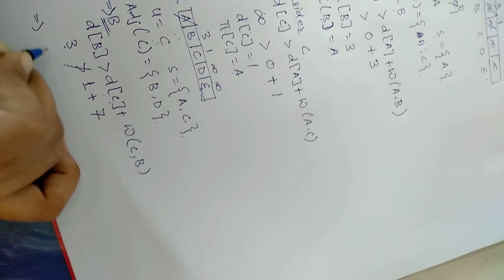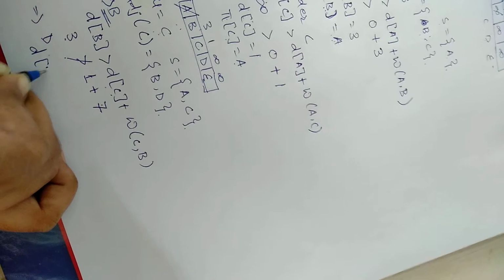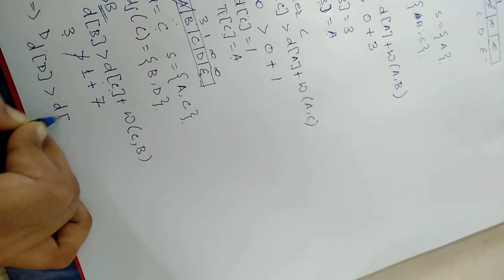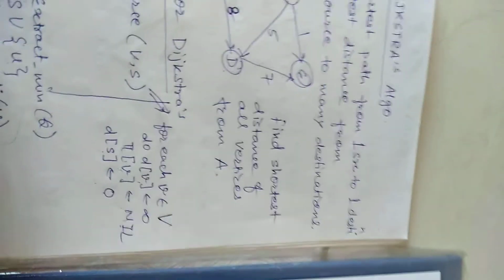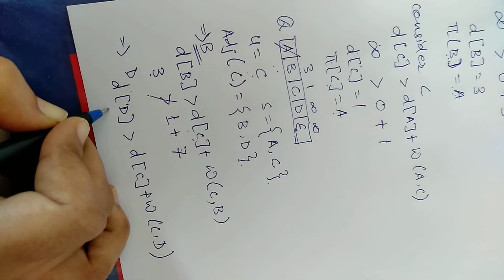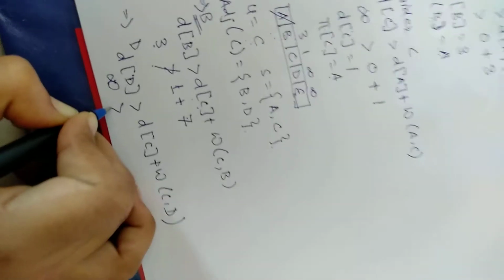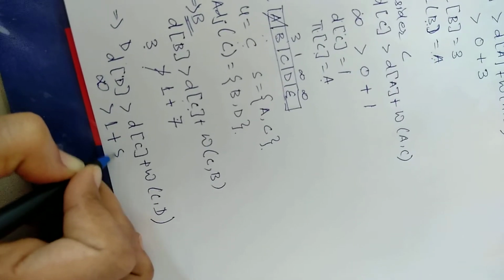Next adjacent vertex is D. So again we'll find out distance of D. Is it greater than distance of C plus weight of CD? Weight of CD is 8 and distance of D is infinity. Is infinity greater than 1 plus 8?